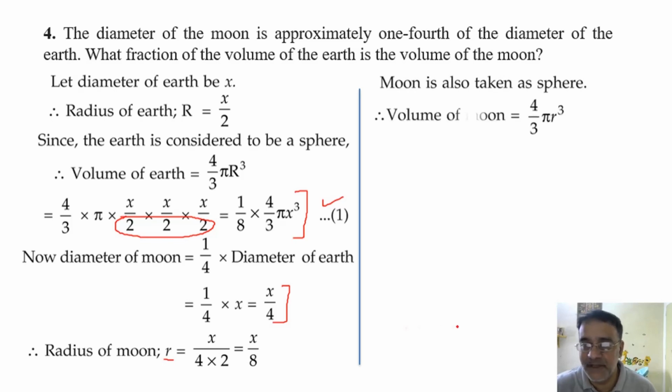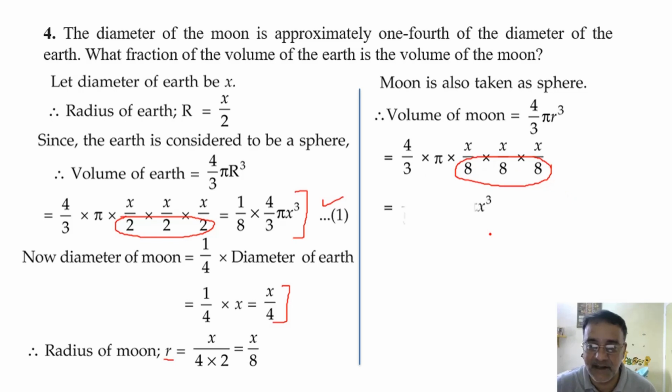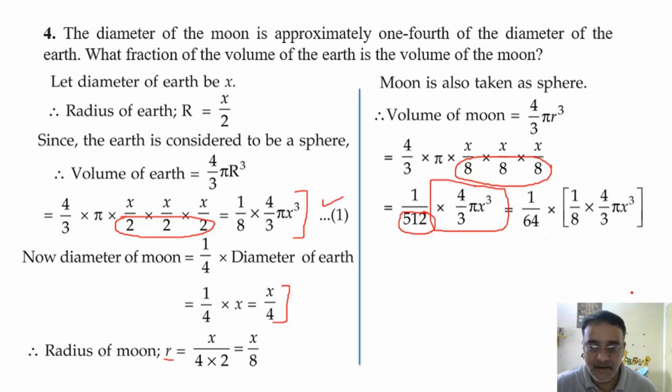So now substitute the value of r here. 8 into 8 into 8, 512, we will take it outside. Okay, take one more 8 out of this and attach it with this. Whether this is clear? Yes, sir.